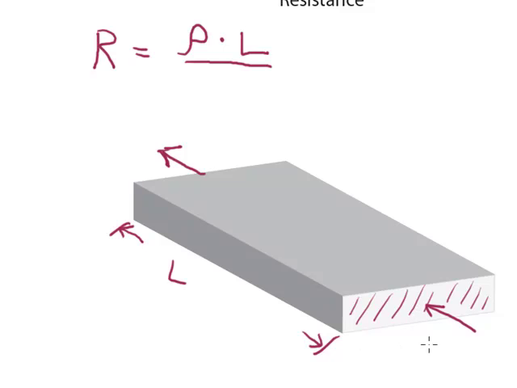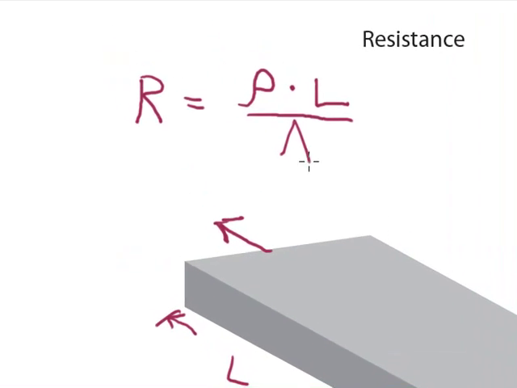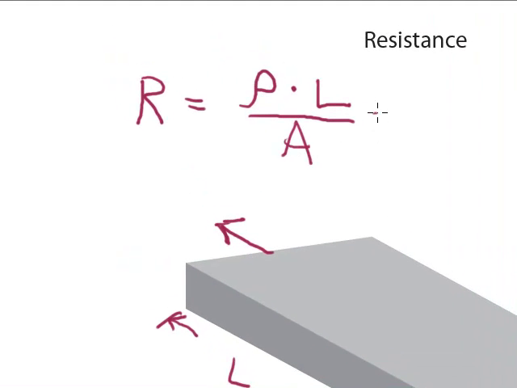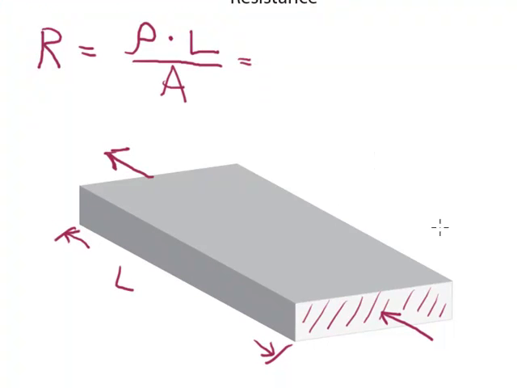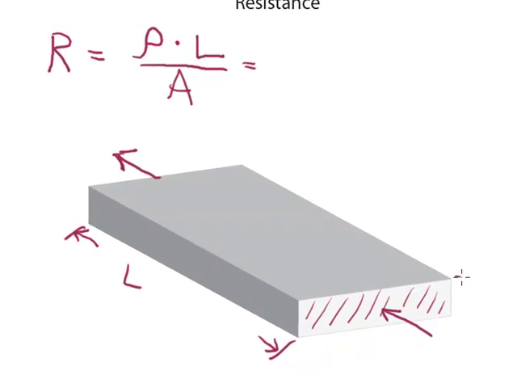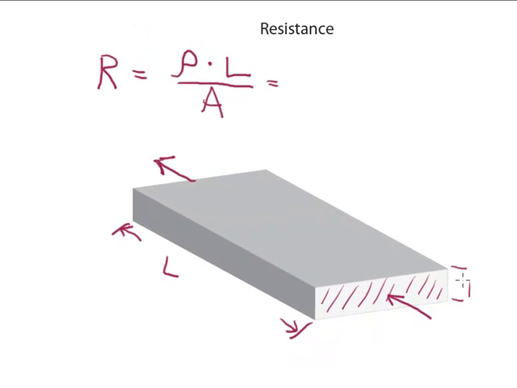The more cross-sectional area you have, the less current crowding you have, and the lower the resistance is. So this is related inversely to the cross-sectional area. And since this is a rectangle, I'm going to break this down a little further. I'm going to look at the thickness of this film.